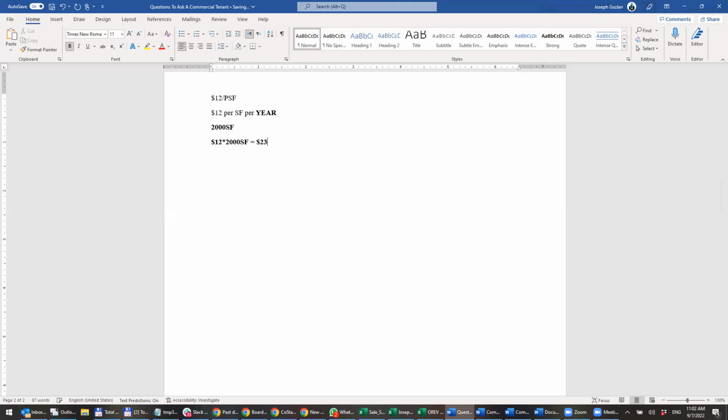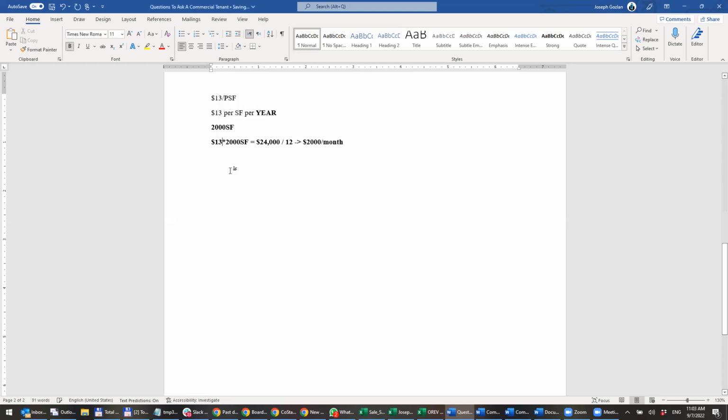That's $24,000 a year. And then I'm going to divide that into 12 months and I get $2,000 a month. Note that I just chose round numbers so that it works easier. But if I had a more ugly number, $13 per square foot, right?